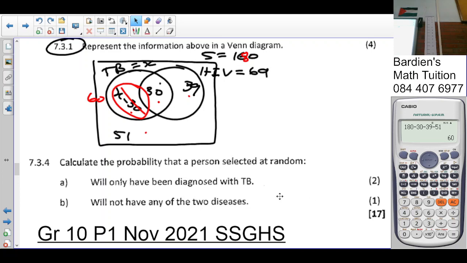So how many people had TB only? 60. So what's the probability? The number of favorable outcomes over number of possible outcomes, which is 60 over 180, which is a third of the people.